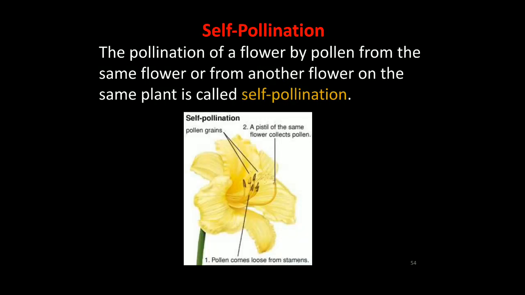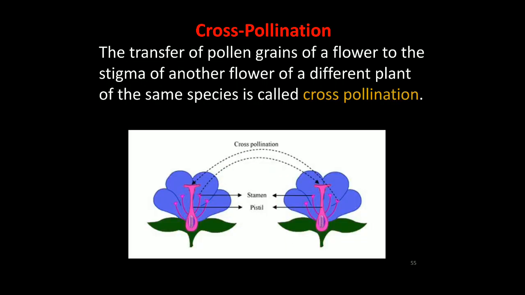In that, one is self pollination and the other is cross pollination. The pollination of a flower by pollen from the same flower or another flower on the same plant. If pollination occurs between flowers on the same plant, that is called self pollination. When the pollen grains of the stamen are passed on to the stigma of the same flower, or a flower of the same plant, we call it self pollination.